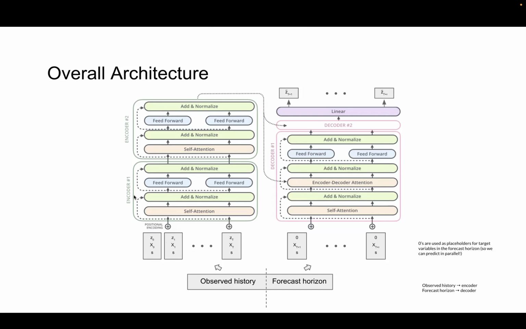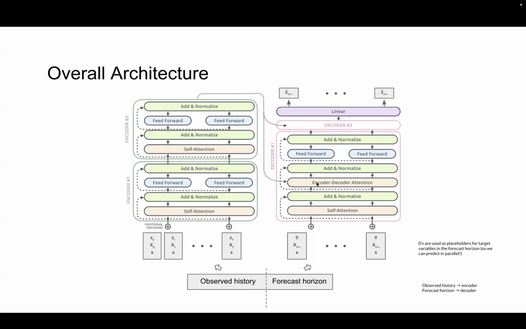If we think about the encoder and decoder perspective, then we can take the representation from the last layer of this encoder. Another difference between just the encoder transformer block versus a decoder transformer block is that in the decoder block, we not only need to do self-attention, which means that every time step in the forecast horizon attends to every other time step in the forecast horizon.